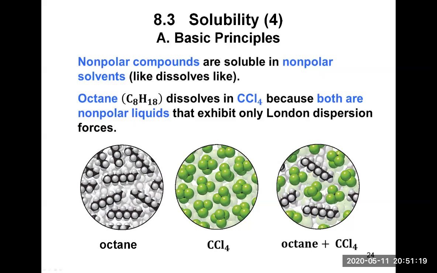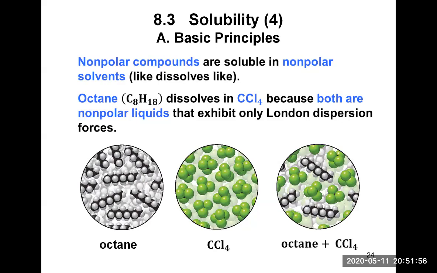And then the CCl4, carbon tetrachloride, is made of a carbon surrounded by 4 chlorines. The CCl bond is polar because chlorine is more electronegative than carbon. However, the structure is symmetrical. It's a tetrahedron, and the 4 chlorines are pulling equally with the same strength from 4 different sides that are all equidistant from each other.